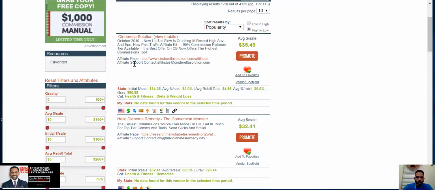Inside of these offers, there's information that describes what the product is. One of the things you want to think about when looking for a product to promote, again, the big 3, health, wealth, happiness, is that you want to find something that is already being sold.